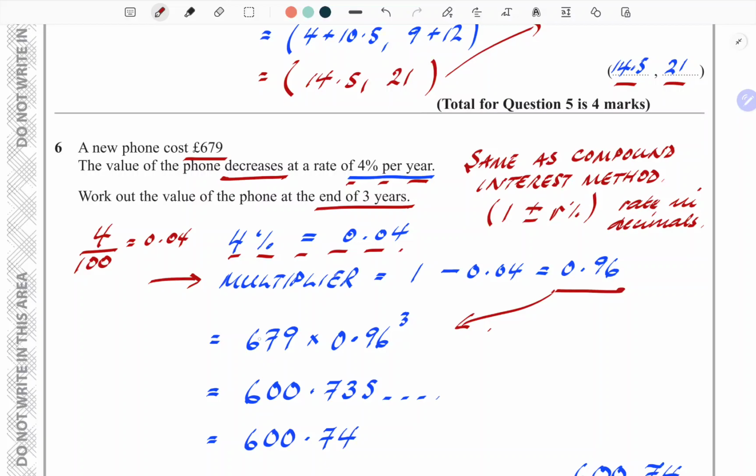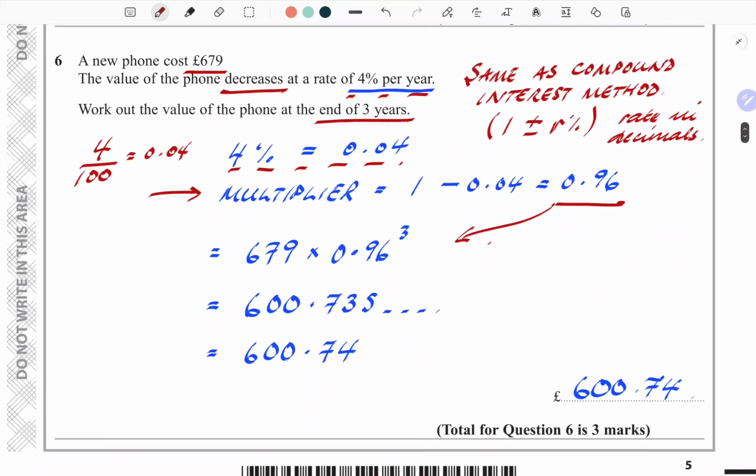And effectively what we're doing is taking the original value, 679, times 0.96 times 0.96 times 0.96. It's just decreasing each year by the same rate. So 0.96 cubed for short, put that in your calculator, and you get the full value. In this context, it makes sense to put it into whole pence at the most. So 600 pounds and 74 pence. Probably not worth putting in any more decimal places than that. It's meaningless beyond a penny.